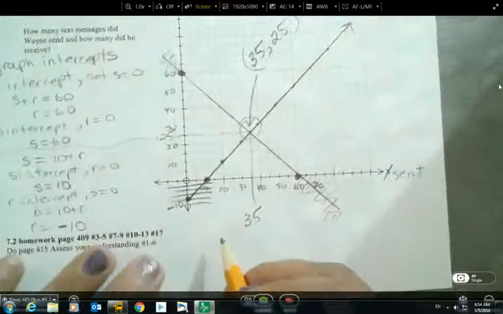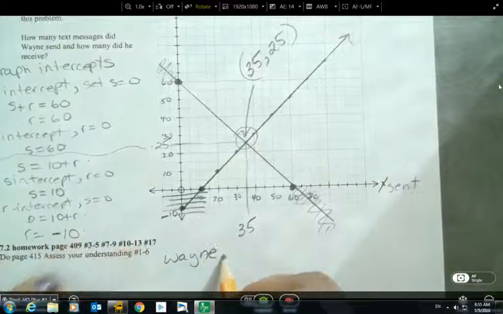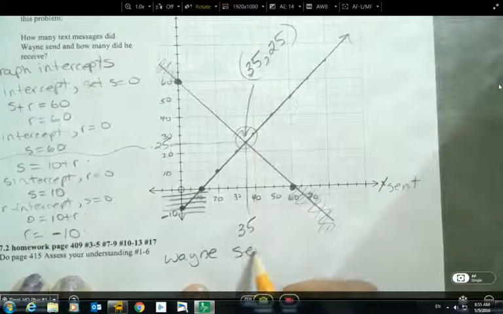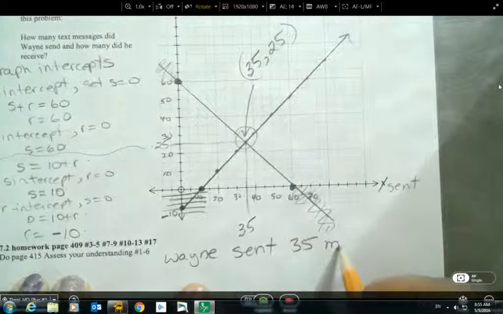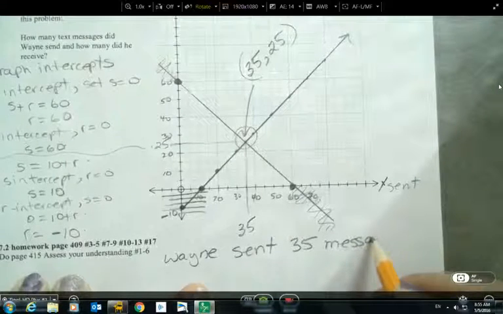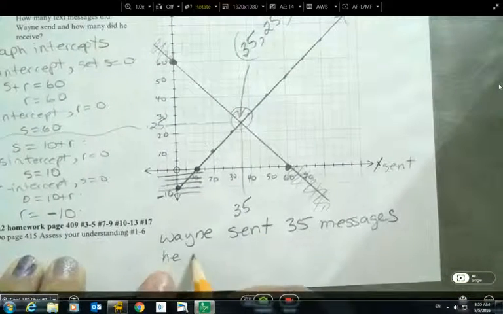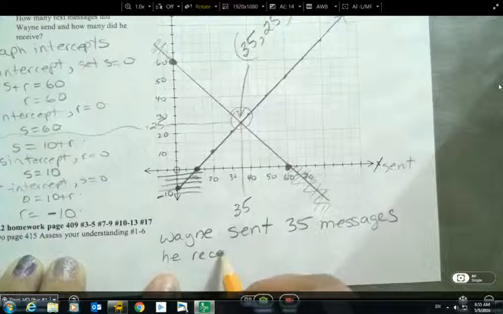So at the bottom, I can write a statement saying Wayne sent, how many did he send? 35 messages, and he received, how many did he receive?